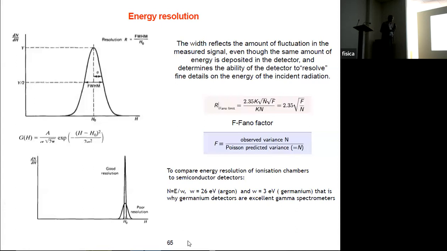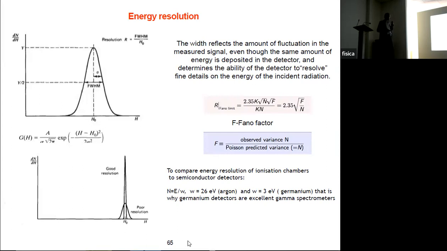And in my next slides, I will tell you that the best detectors for measuring gamma rays are semiconductor detectors, germanium detectors, and the main reason is that if you look at this formula, you have this number N located here, which is the number of these charge carriers.